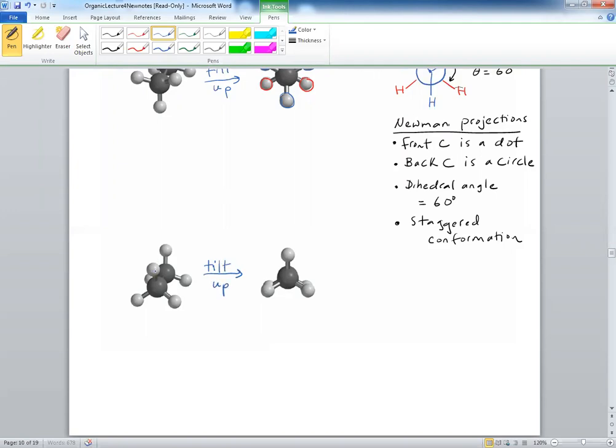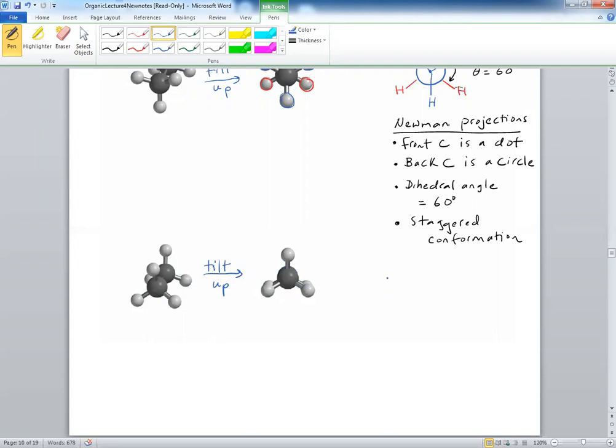Once again, you see how now the hydrogens are aligning on each carbon. And now again, if you did not know there was a carbon in the back, because now it is tilted up, you would not know that there are 6 hydrogens. You would think there are 3, and maybe some kind of a mistake here, but that's not true.